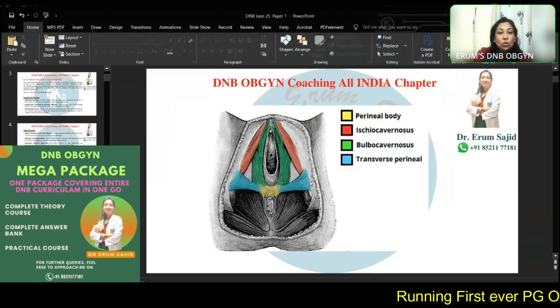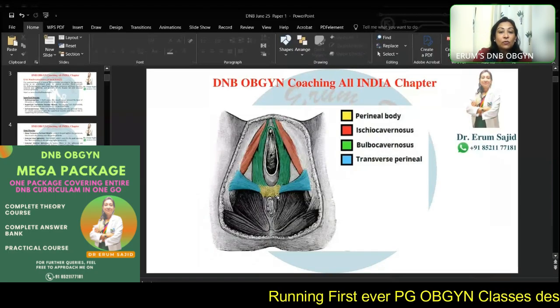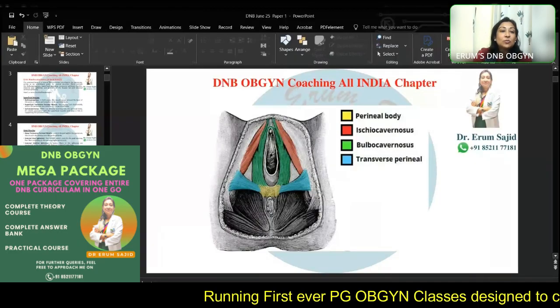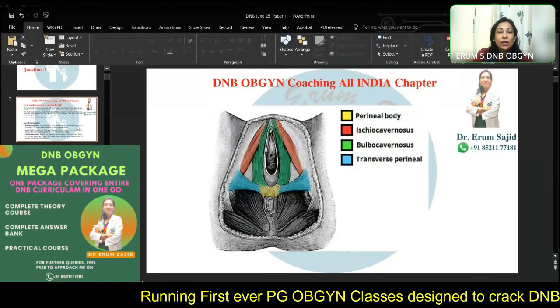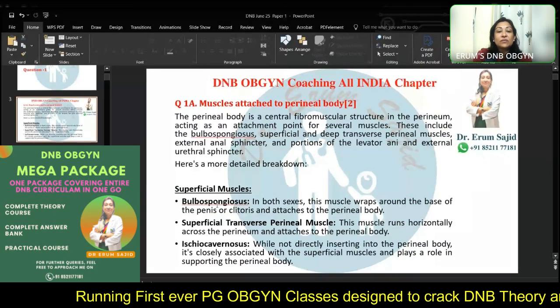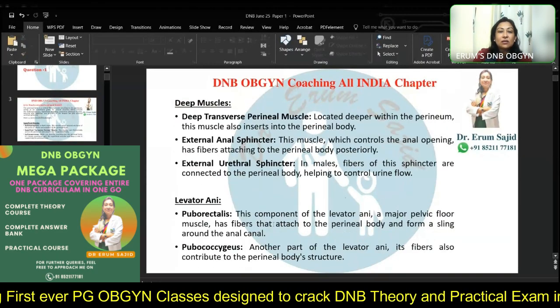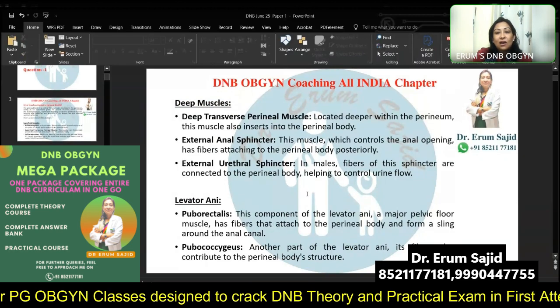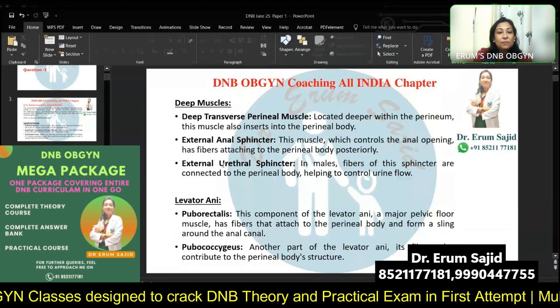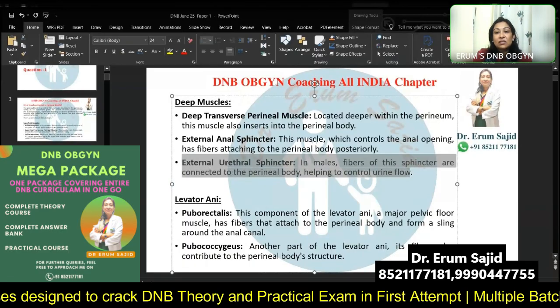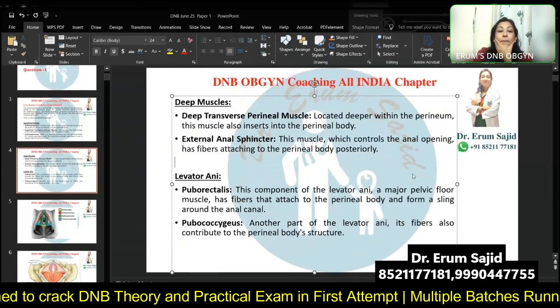Okay, so this is your perineal body somewhere over here, and the perineal body has an attachment of all these muscles. Bulbospongiosus, superficial transverse perineal, ischiocavernosus, deep transverse, external anal, external. In males, so please skip this part. I'll skip it for you because that's for the males. Let's skip that.